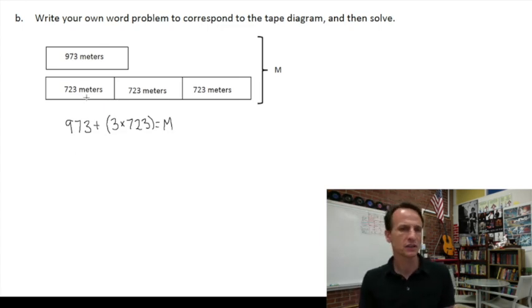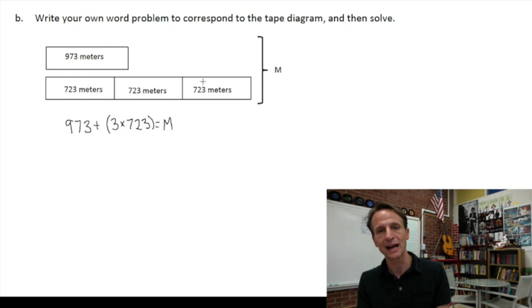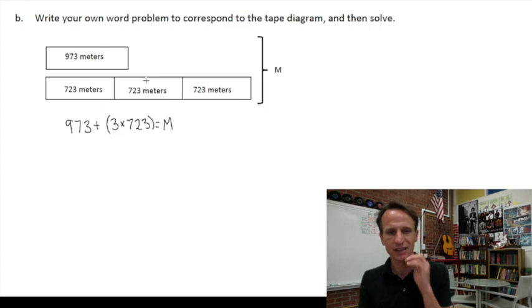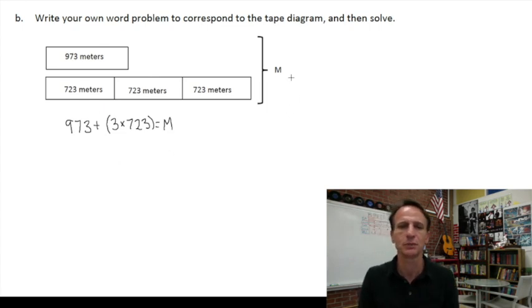One person runs a course of 973 meters, and another person does a 723 meter course 3 times. He does 3 laps, right? And we want to find out how much the 2 people run together. I'm going to do 2 different people just to keep it clear.